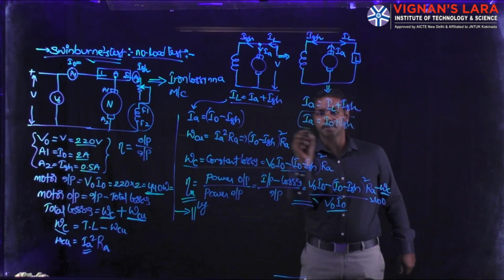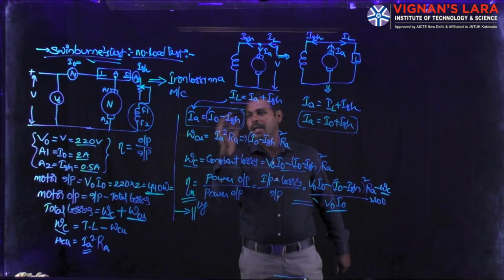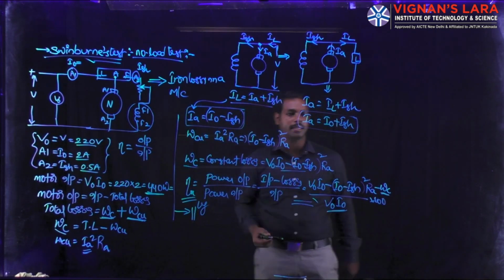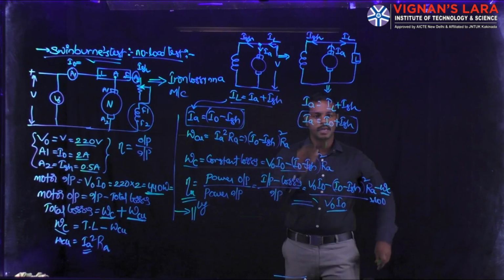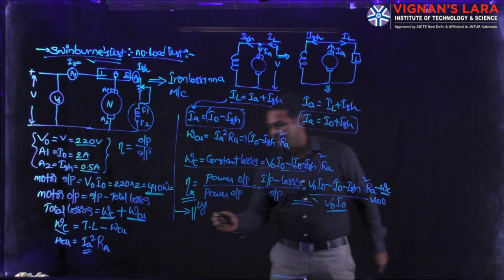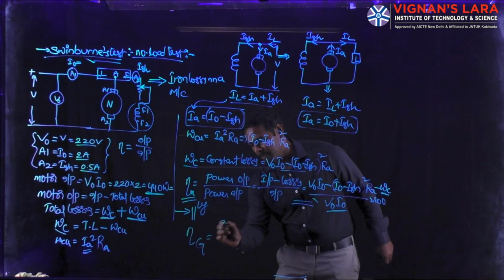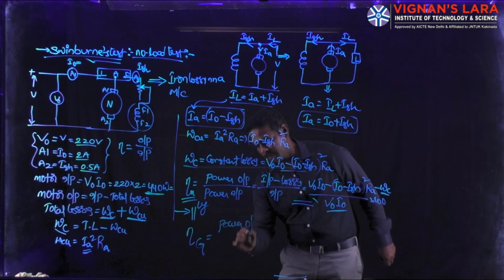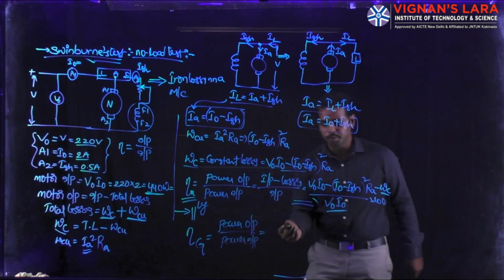This is the difference between motor and generator. In case of a motor, IA is equal to I naught minus ISH, but in case of a generator, IA is equal to I naught plus ISH. Similarly, the efficiency of a generator is equal to power output divided by power input, where power output is input minus losses.